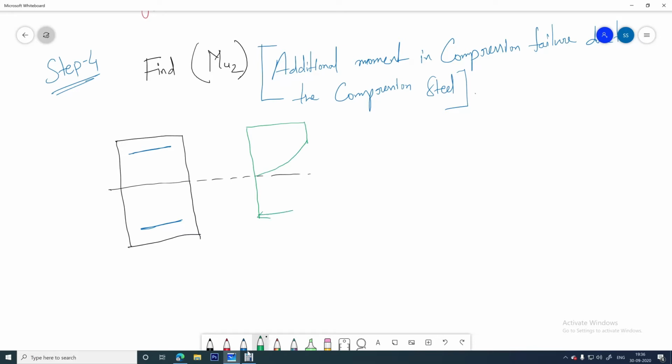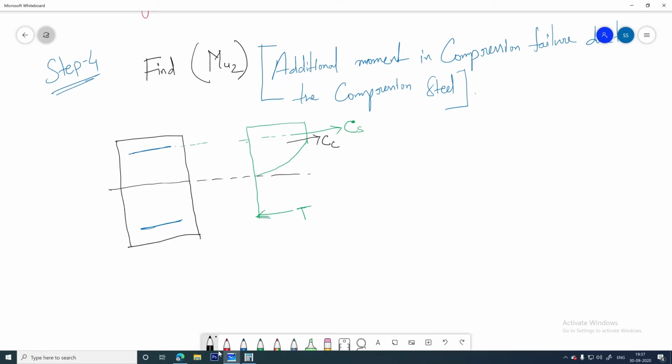Here we have the tension, and here at this particular level we have the CS, that means the compressive force due to the effect of the steel, that means the area under compression, and another force, that is CC, that means the compressive force due to the effect of the concrete.